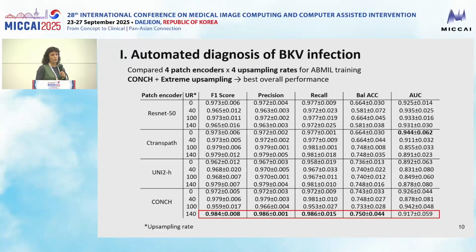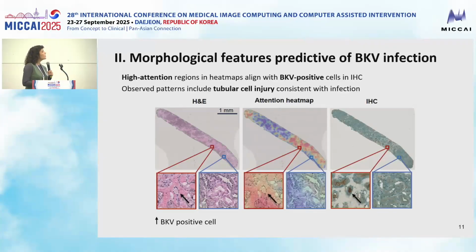To identify morphological features predictive of BKV infection, we visualized the attention scores given by the model. As we can see in the image, we have an example of an H&E stain, its attention map, and an IHC closer to the H&E.